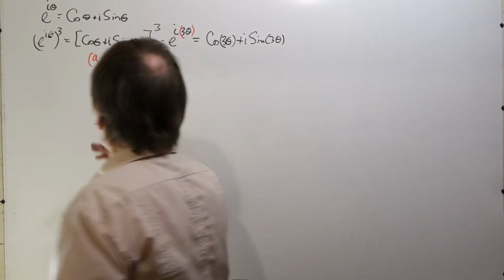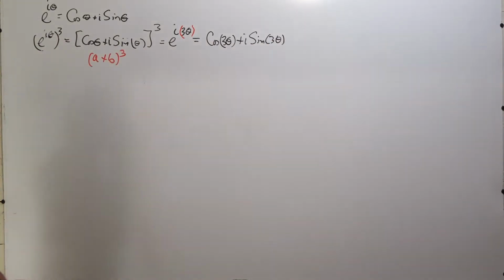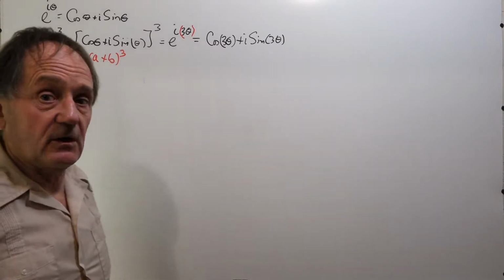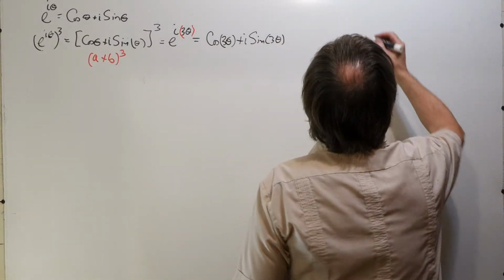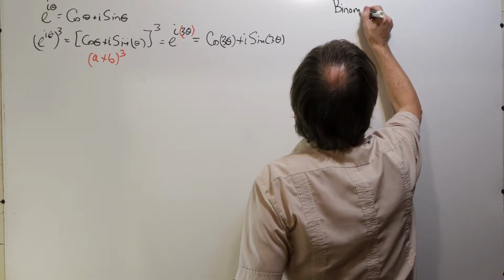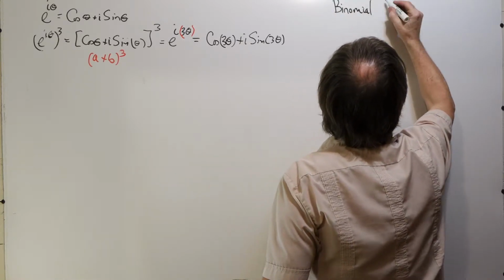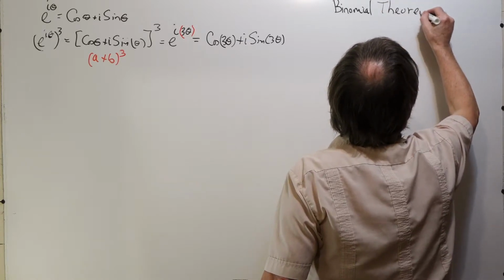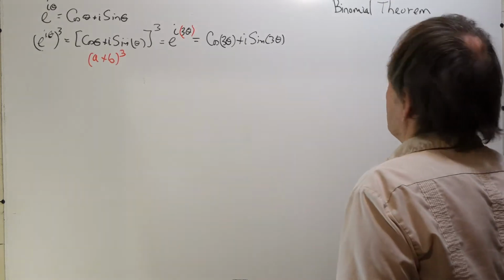But when we end up with higher powers, it's not quite so easy. And the way we do it is we use what's called the binomial theorem. The binomial theorem tells us how to expand a binomial raised to a power.